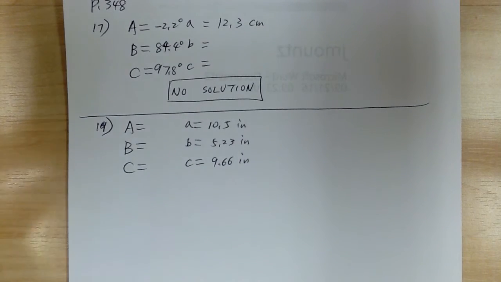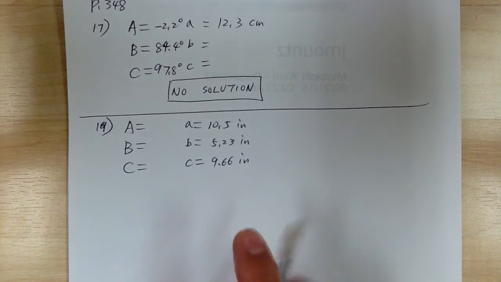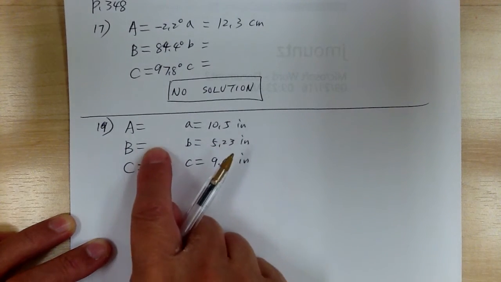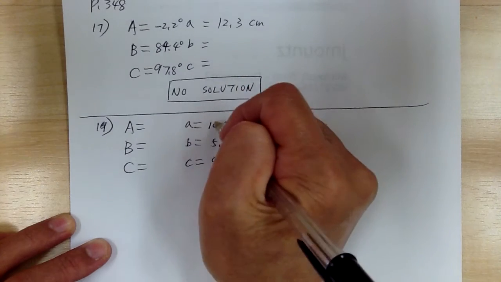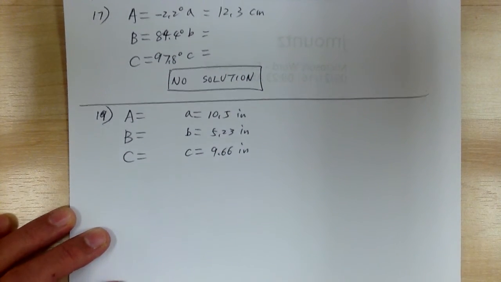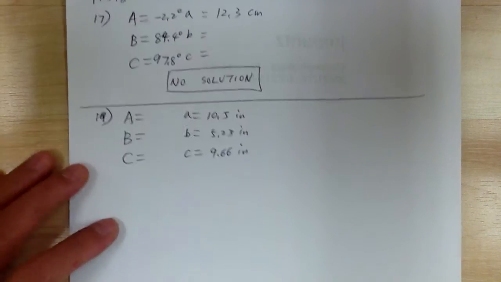So what you want to do is, again, you want to figure out the smallest angle, because for the smallest angle, there will be only one case. If you figure out the biggest angle, you have to worry about the second possibility, and so it's just more messy and too much trouble.